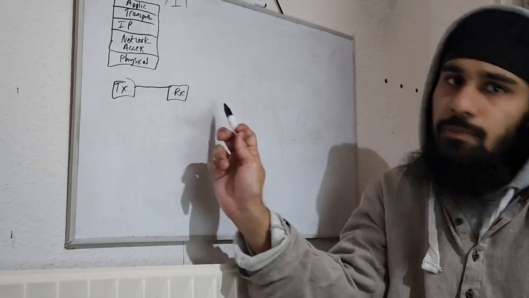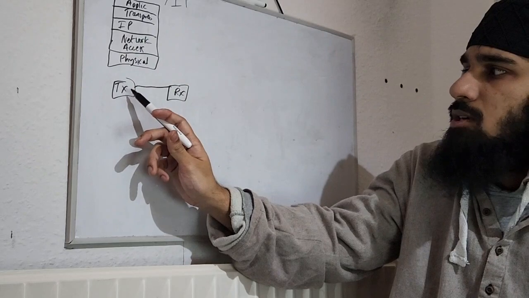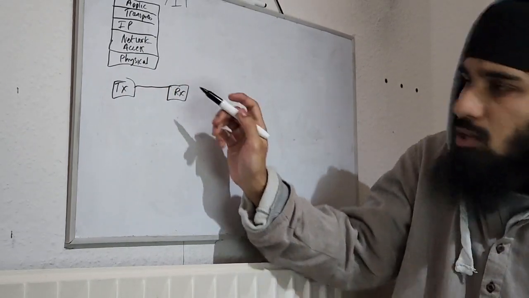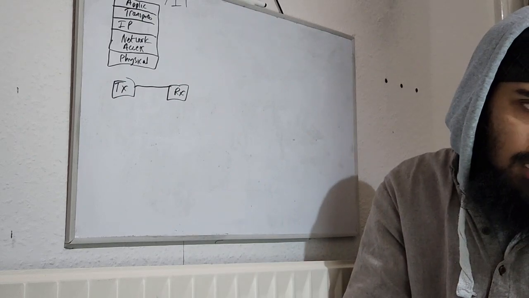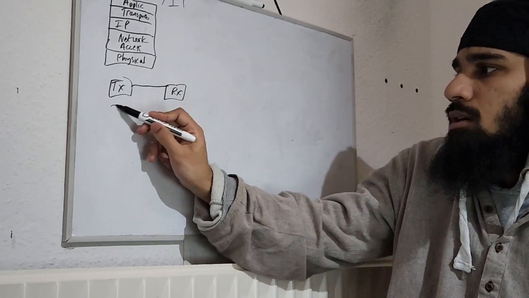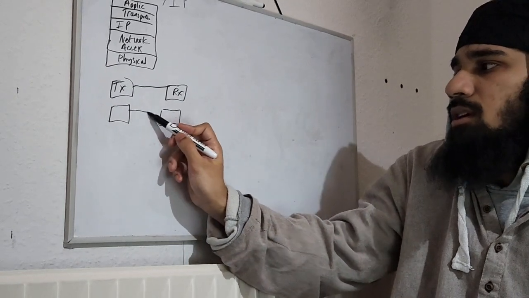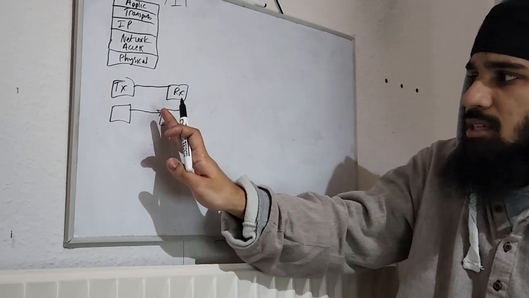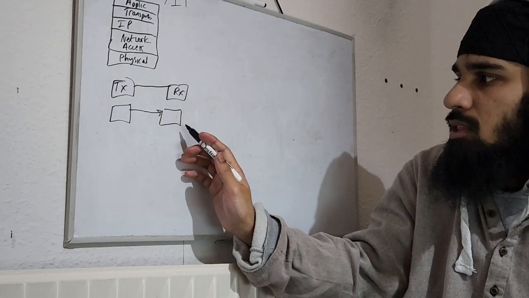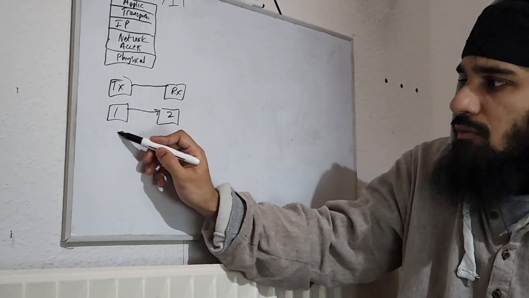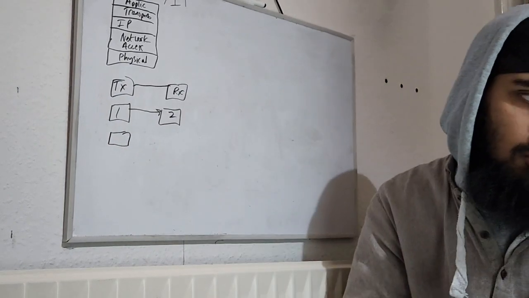So this is like the simplex. One is the transmitter, the other is the receiver. You have the half duplex, so they're both transmitting, but one at a time. First this transmitter, after it's done the transmission, then the other has the chance to transmit. Or you have the full duplex.